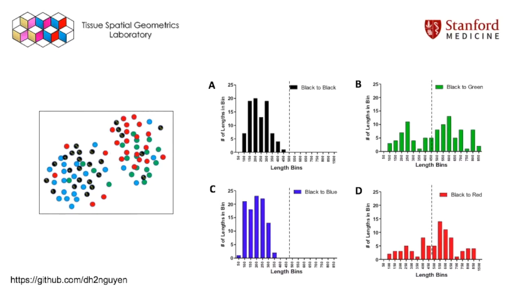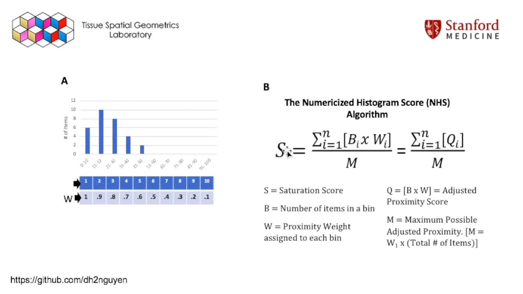And so the advantage of measuring these distances in the form of histograms is that the numericized histogram score can turn this distribution, any distribution, into a number, a single number. Here's the equation. I will not go into details because it's in the manuscript.